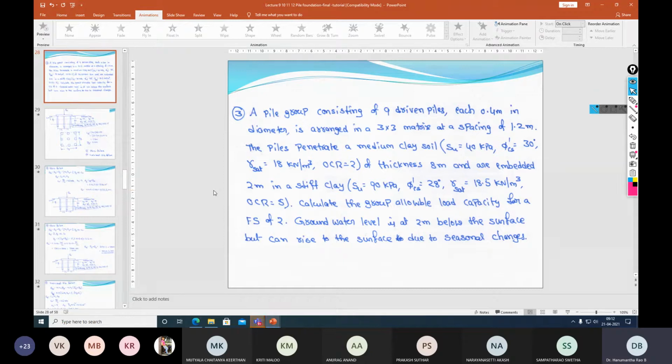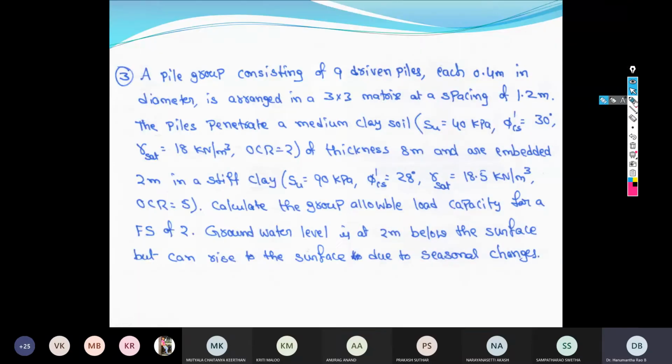So based on the given statement of the problem, try to draw some schematic. So say pile group consisting of 9 number of piles, and all piles are penetrating into the two media.